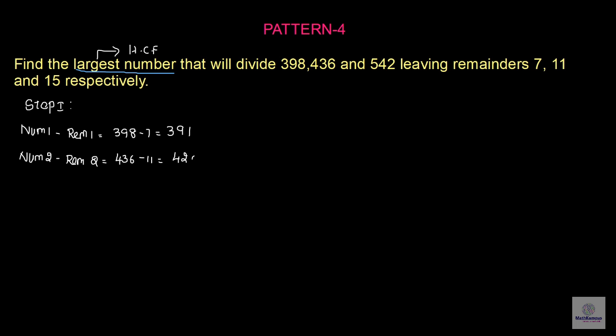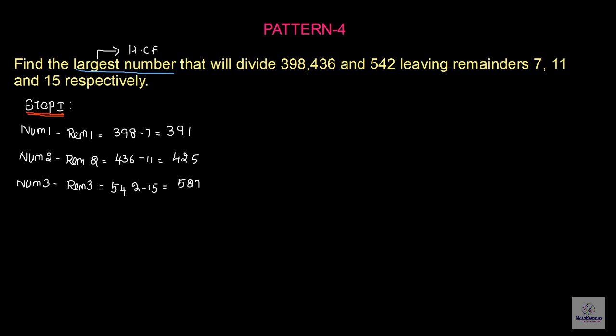Number 3 minus remainder 3. 542 minus 15, which gives 527. So step 1, we have calculated the numbers after subtracting their remainders from them.